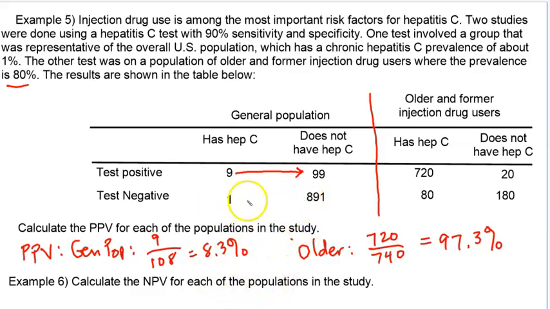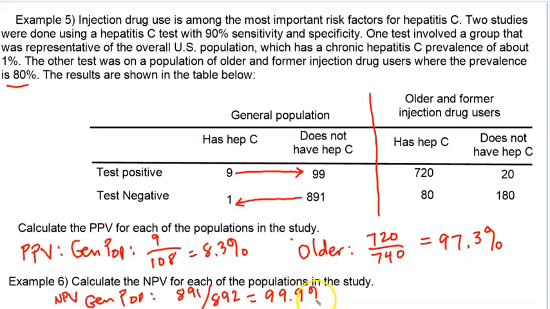And now, example 6, using the same table, let's calculate the NPV. Well, now we're going across the negative row and we're going in a negative direction. So for the general population, we would have 891 as the numerator over 892, the sum of those two, and that would be 99.9%.